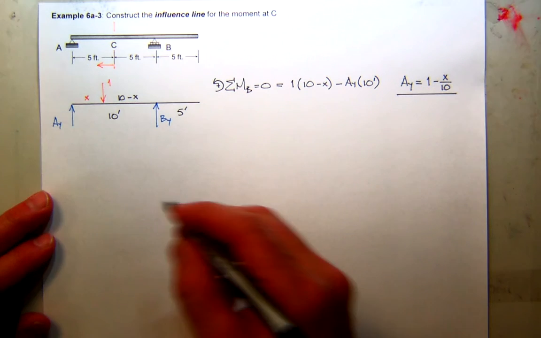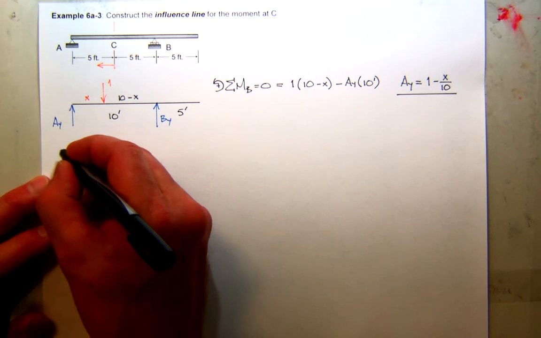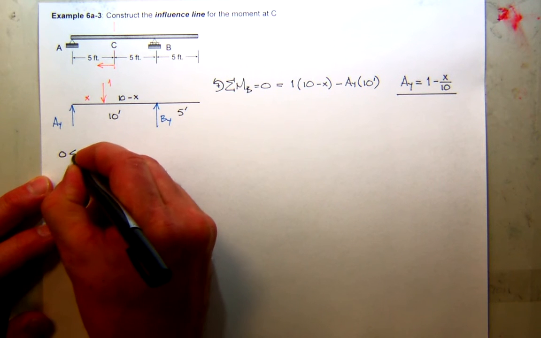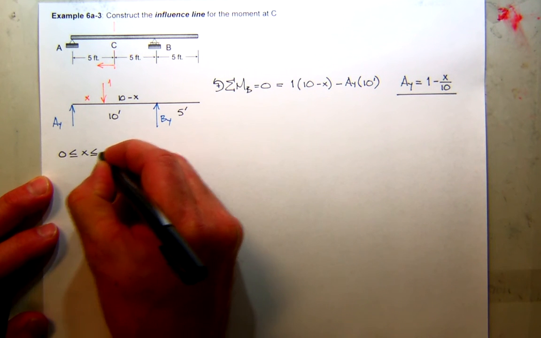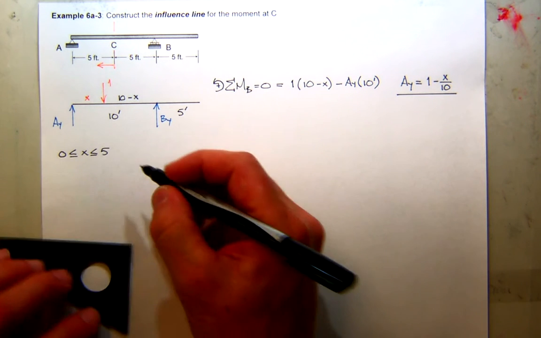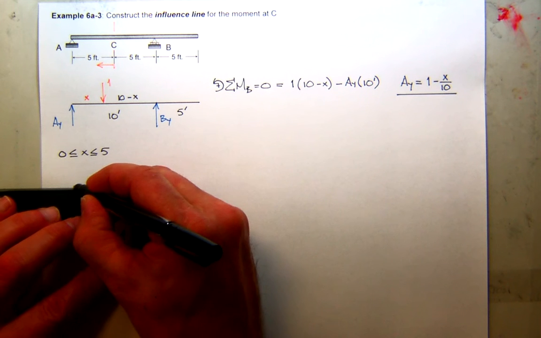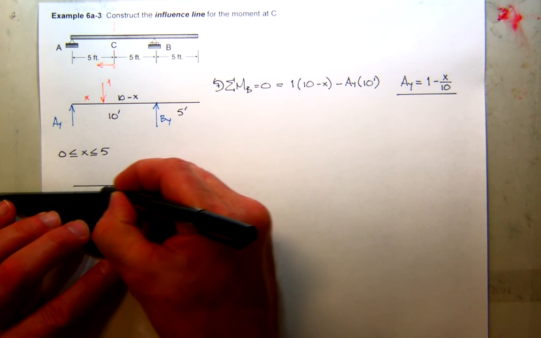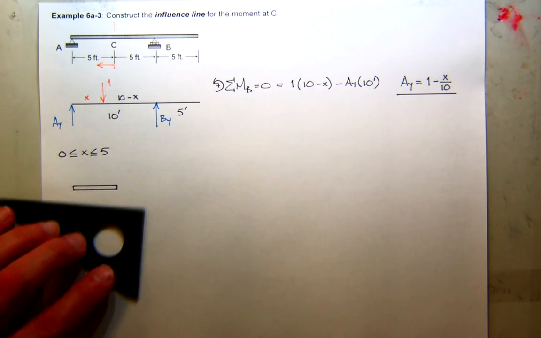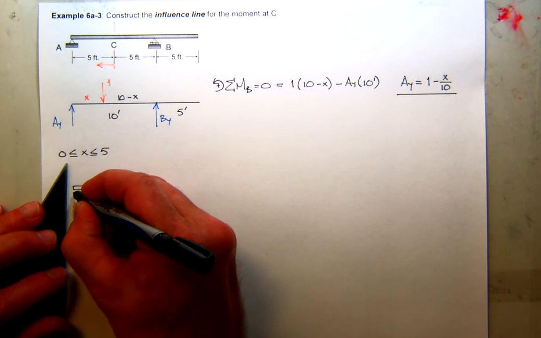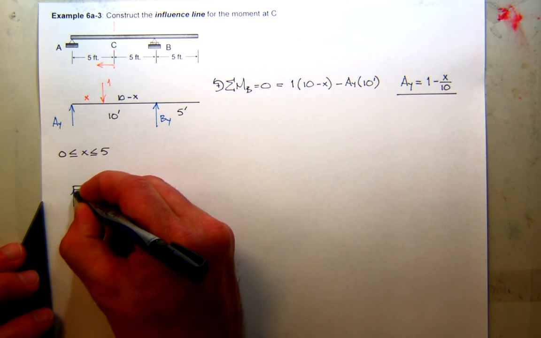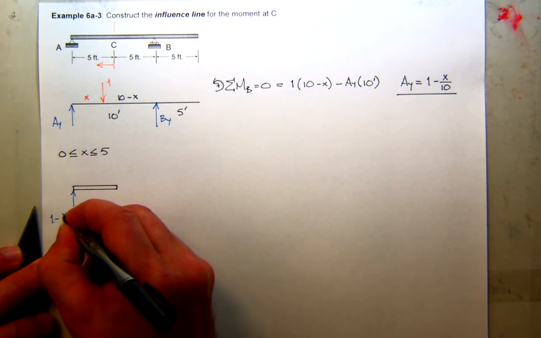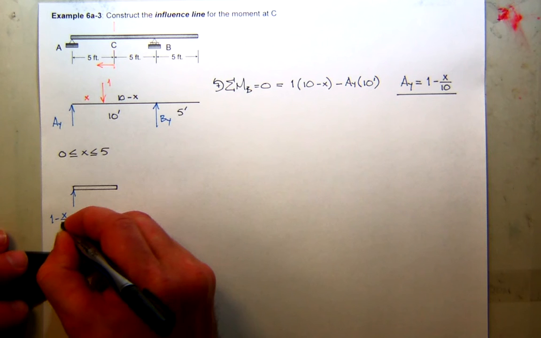So now I can go back and look at my moment at C. So when my unit load is between 0 and 5, that means I am on this section AC. I know my reaction at A. I just solved for it. It's 1 minus X over 10.